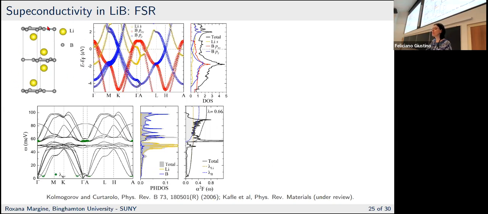I forgot to mention that this compound was synthesized in 2015, at relatively low pressure of about 20 Kelvin, and it can be in its metastable ambient condition. So it can be brought down to zero pressure.